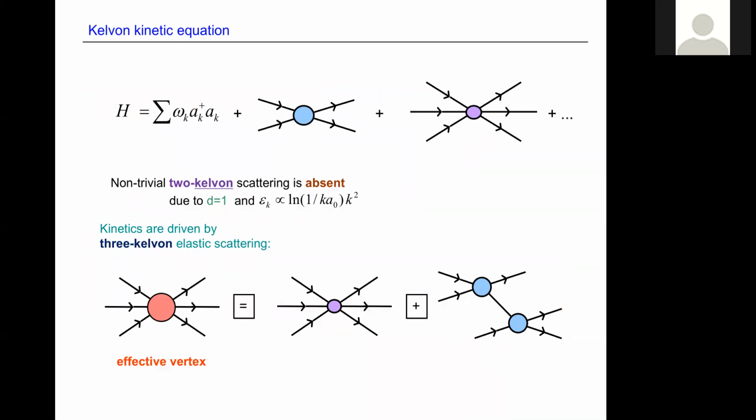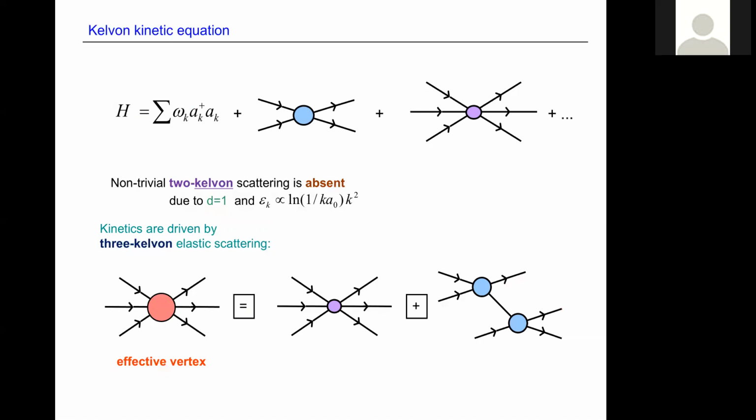Okay, right. So why is the two Kelvin absent once again? What did you derive? Right. If you have a k-squared dispersion, you want to solve k1 plus k2 equals k3 plus k4, and k1 squared plus k2 squared equals k3 squared plus k4 squared.